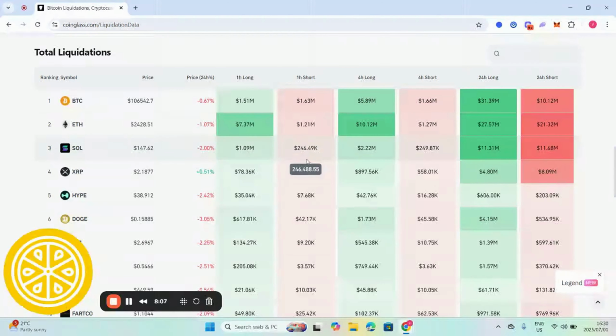So this helps you to track the mood of the markets. If you see that so many liquidations are happening on short, then that means the longs are the thing to go with. Because if you see a lot of liquidations on short or long, then that means the market is favoring one side over the other.